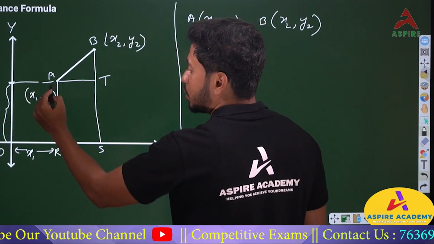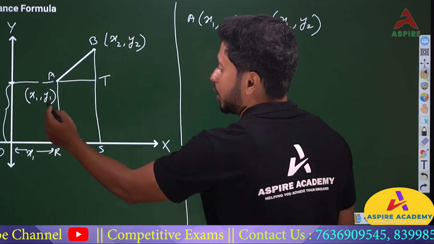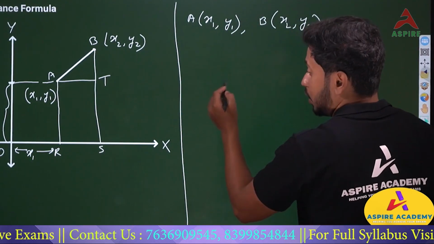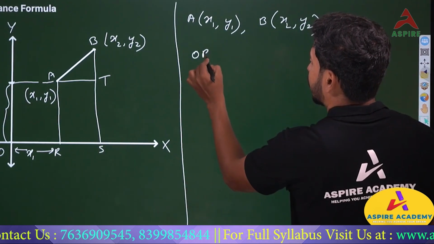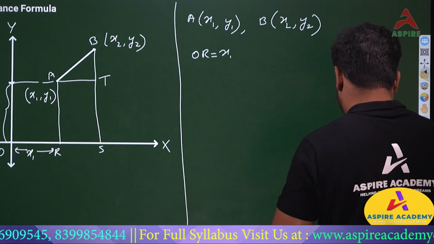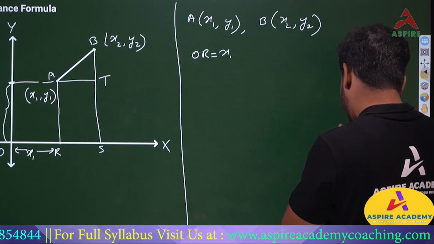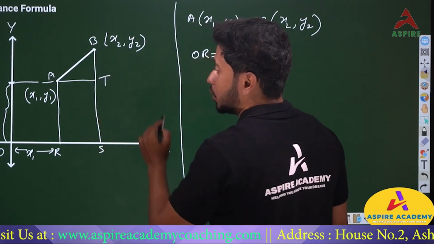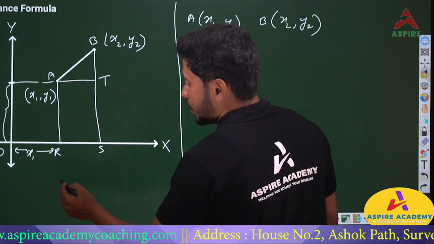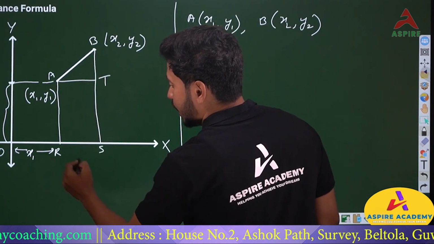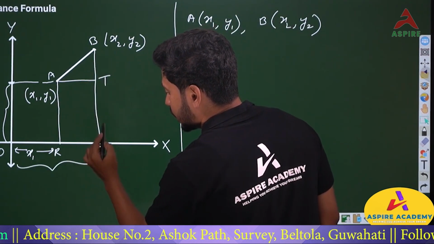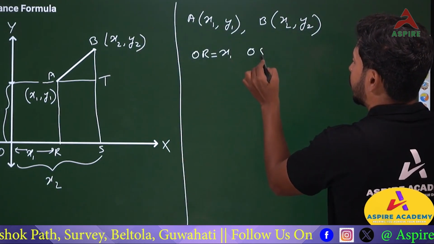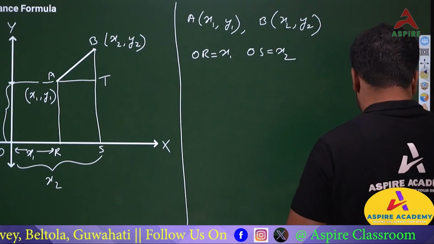That is why the location of this point is x1, y1. So we can say OR equal to x1. Next, for point B also, what is x2? In the x-axis from O to S, this is x2, right? So we can say OS equal to x2.